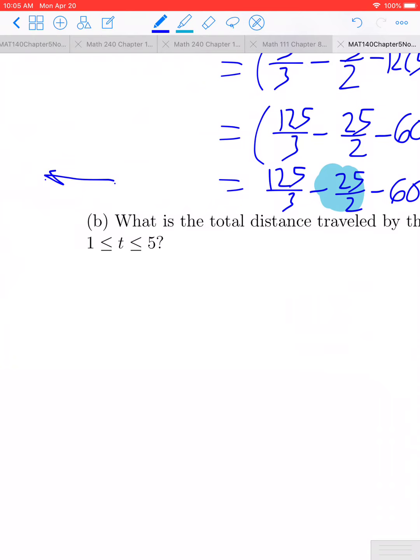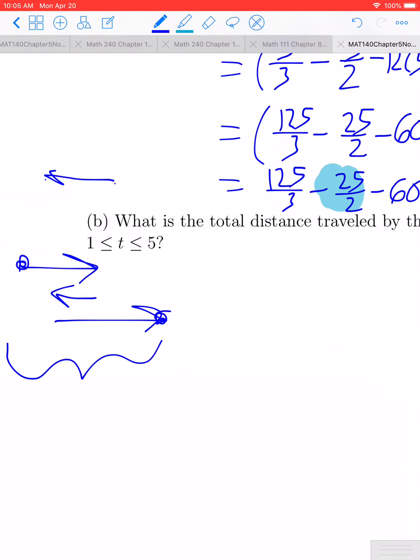It can oftentimes go back and forth. Sometimes it might go to the right, and then to the left, and then maybe back to the right again. The displacement only discusses the difference between its starting position and its ending position. Yet the total distance traveled would be much greater in this case because they had to cover this length, and then they backtracked, and then they covered this length.